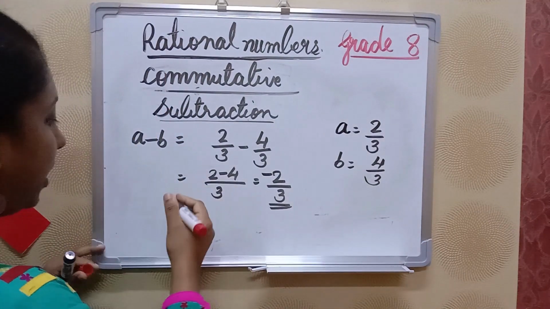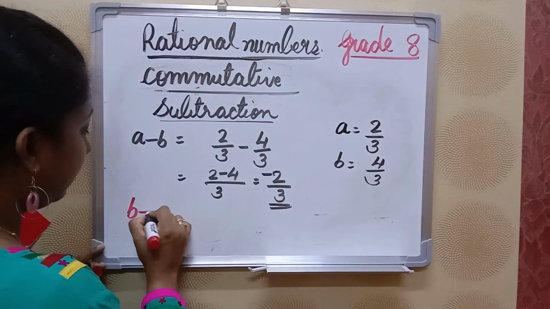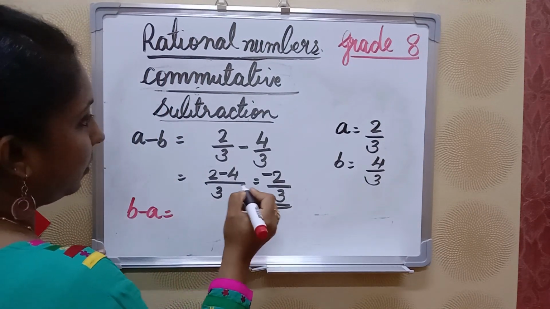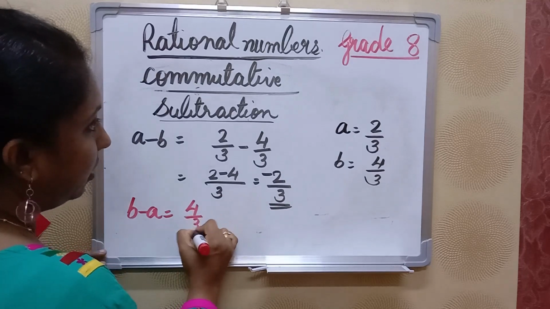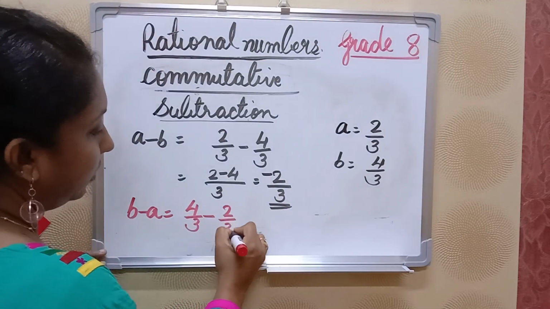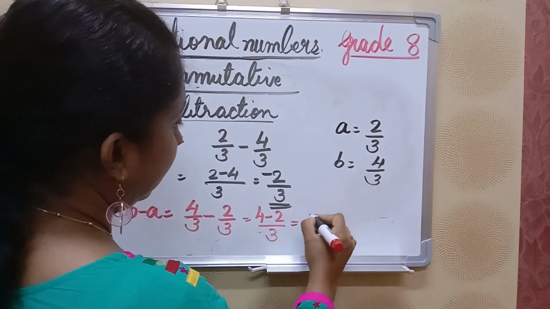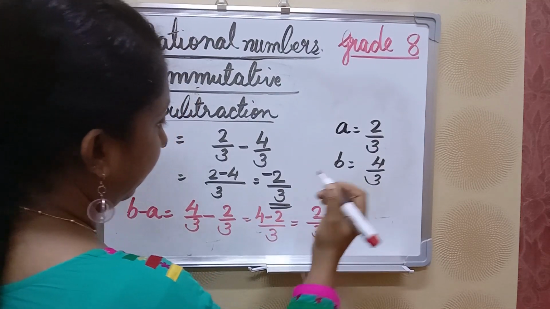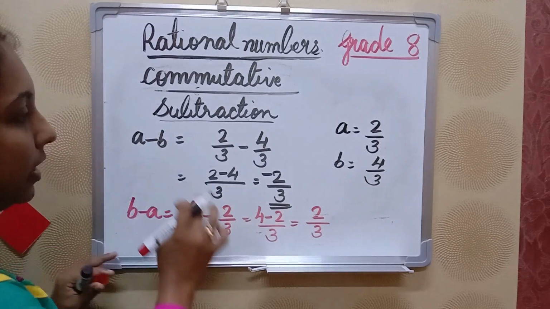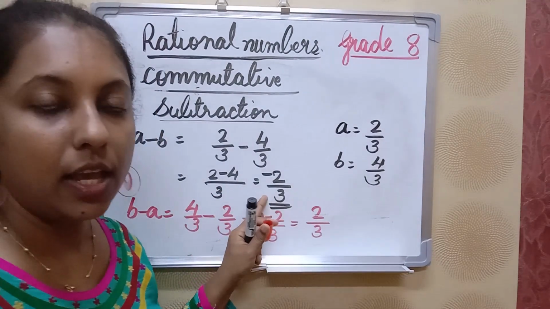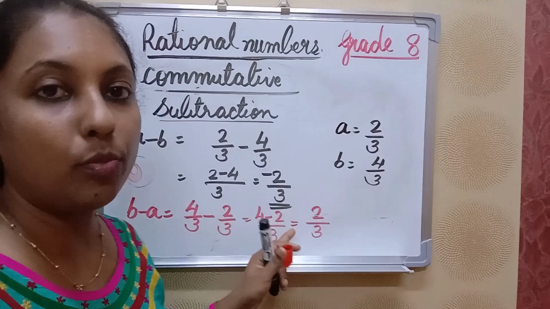Now, B minus A: 4 by 3 minus 2 by 3. 4 minus 2 by 3, that is 2 by 3. That is A minus B is minus 2 by 3 and B minus A is 2 by 3.